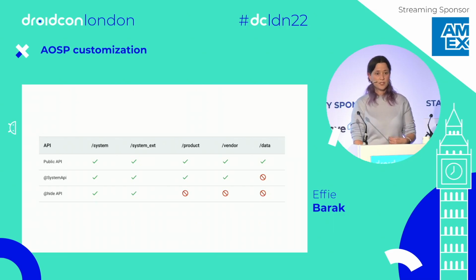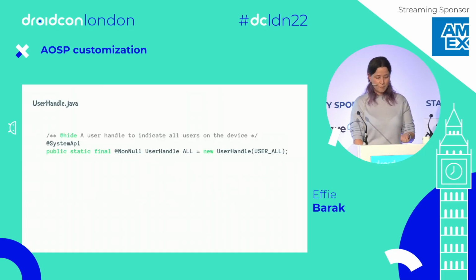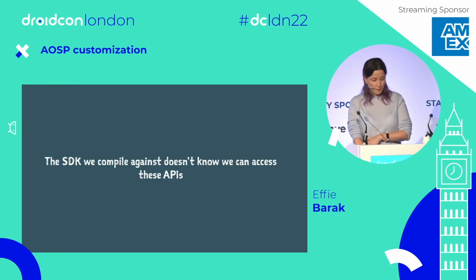We don't have to change the SDK for this to work on the AOSP side. But we have to trick our local build, our Gradle build, to think that these APIs even exist, because the public SDK doesn't have them. Android Studio doesn't recognize them, because as far as Android Studio is concerned, they don't exist.